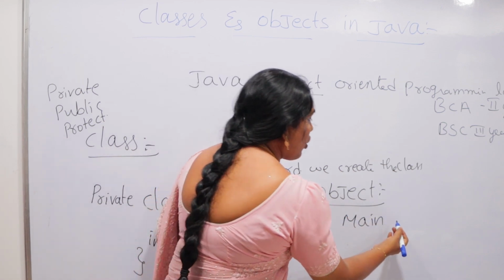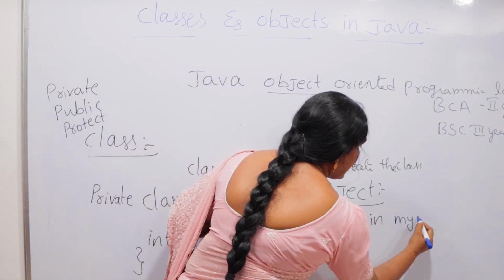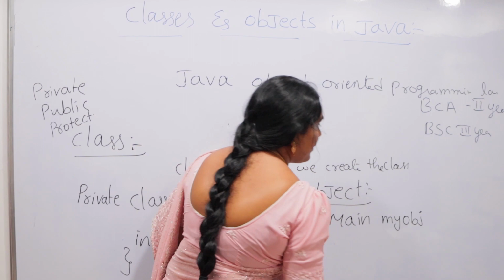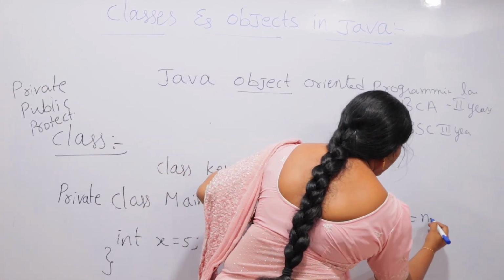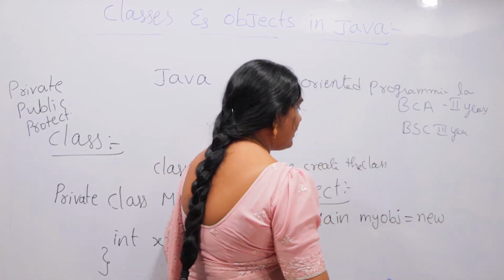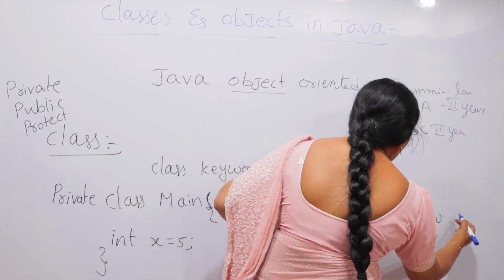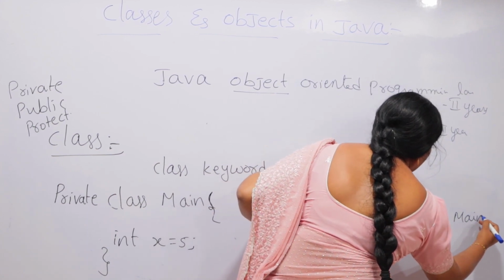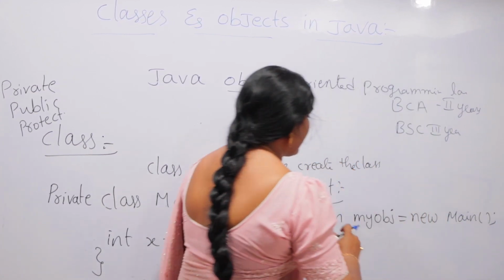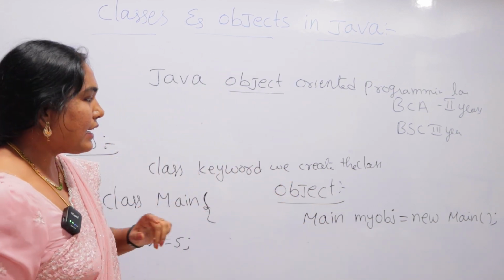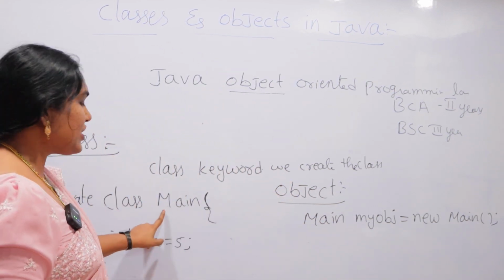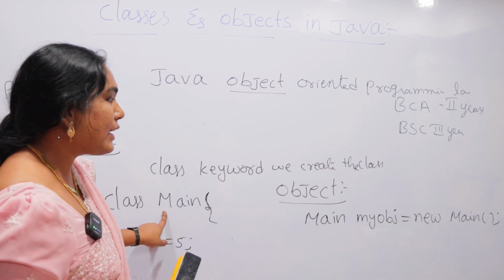Main. And then what is the object name? For example, the object name is myObj, is equal to, here we are using the new keyword, new. And then what is the class name? The class method also we can define here to create the object. Now I created an object for which class? Main class. How did I create it?